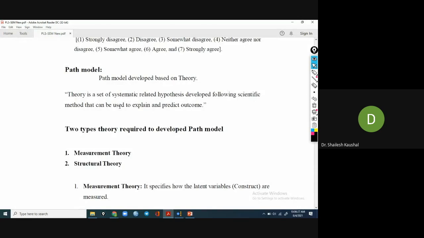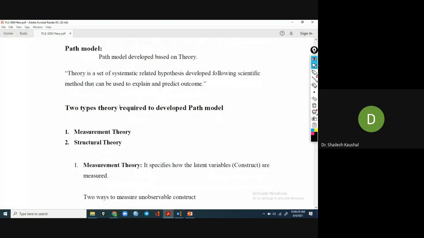Now the path model is developed based on theory. So if we want to perform PLS-SEM, we should follow theory. Without theory, we should not use structural equation modeling.